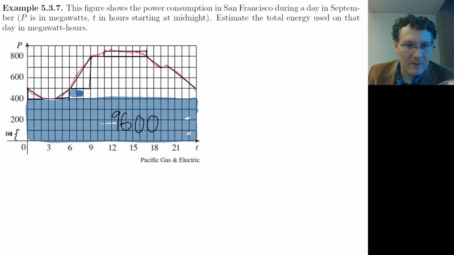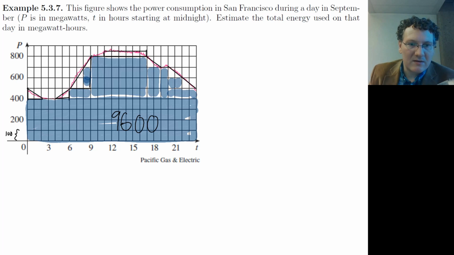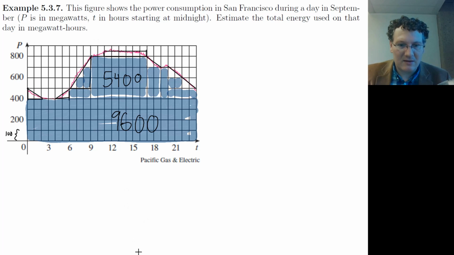Let's do this here, and this one here is going to be another rectangle, and this one, and just get all of these that are full rectangles. Just counting up all of these rectangles, we got 5,400 roughly, and let's do the little triangular pieces.